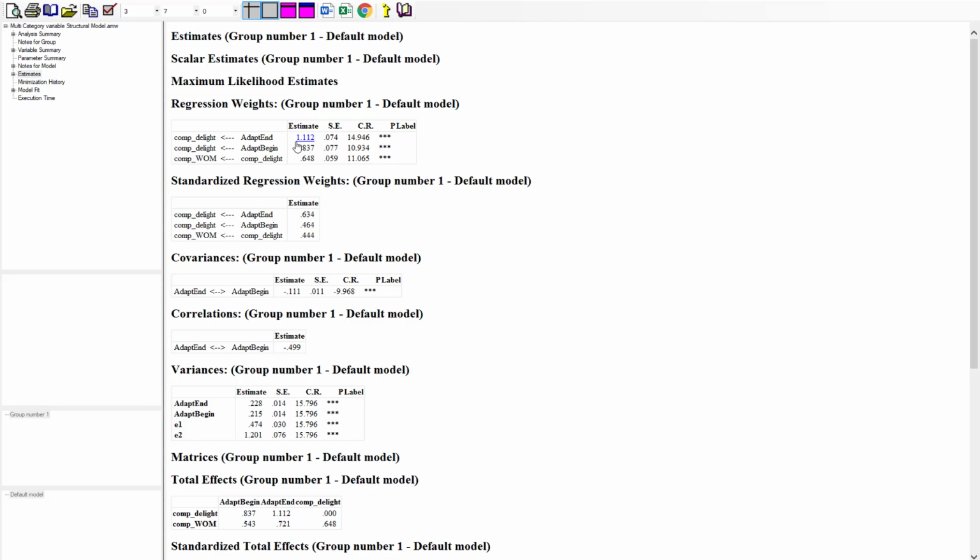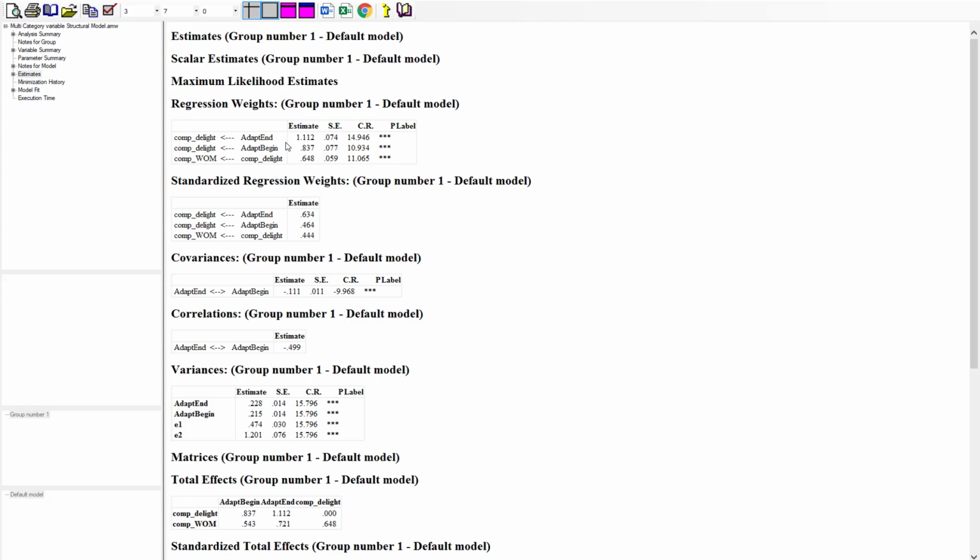And if you're looking relatively across these two as well, again, the reference group was no adapt. You can see the adapt end had a bigger difference across the no adapt comparison compared to the adapt at the beginning to the no adapt group. So you can say relatively, which one has a stronger effect? Well, the adapt end does, because the difference on that was bigger.